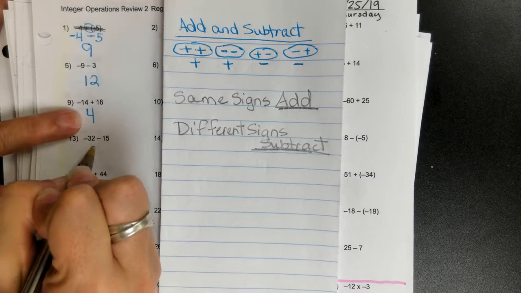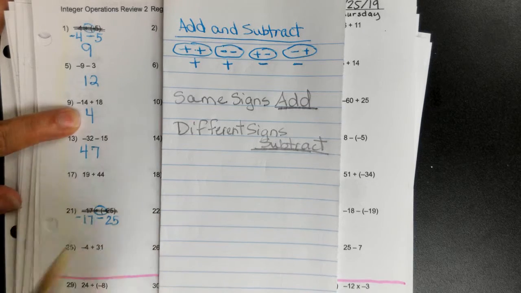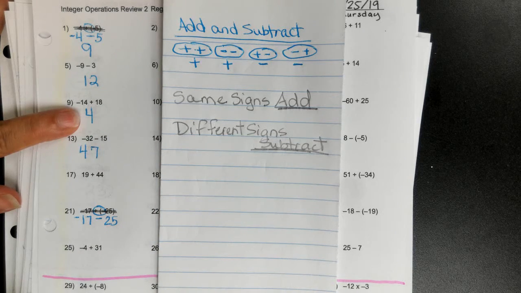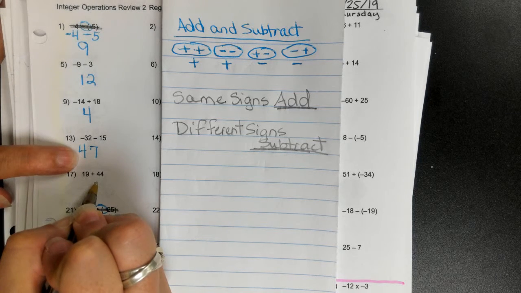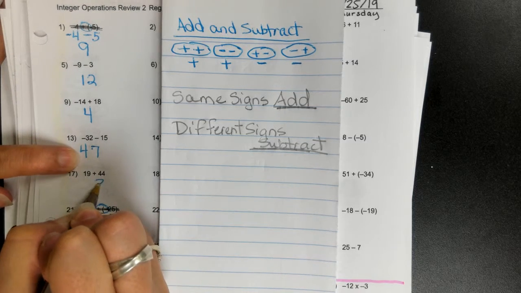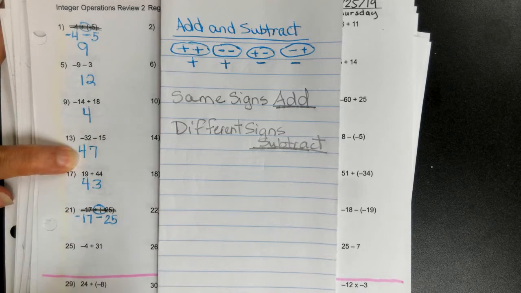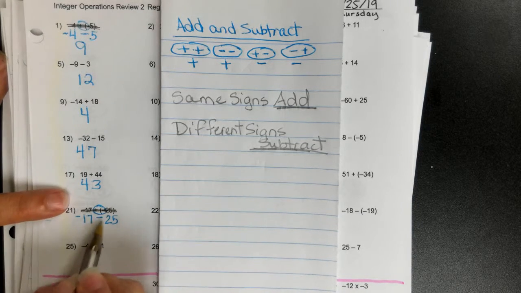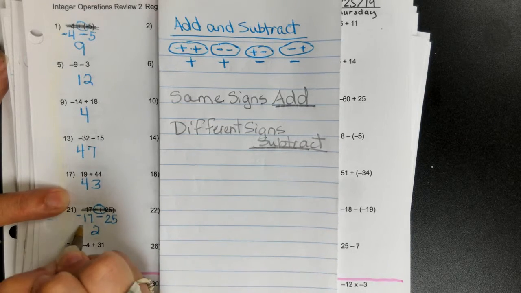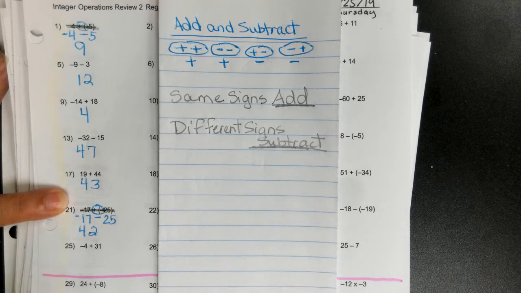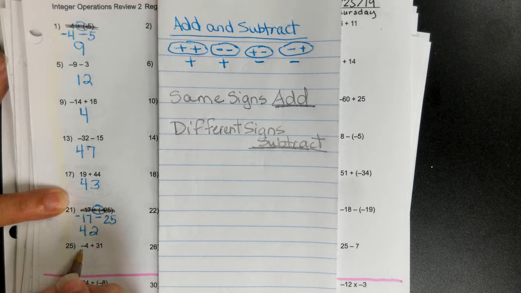Same signs, I'm going to add. Same signs, I'm going to add. Okay, looking at this new writing here, same signs, so we should be adding. And different signs, subtract.